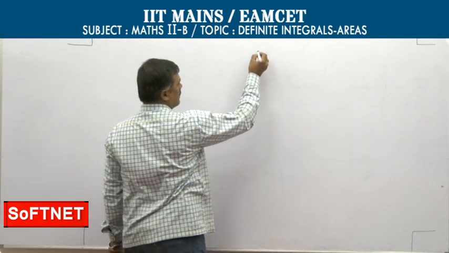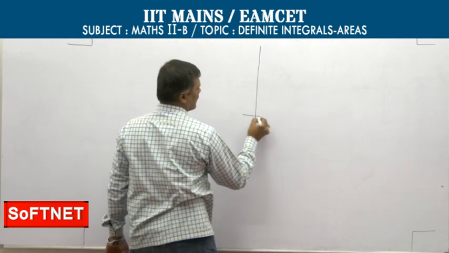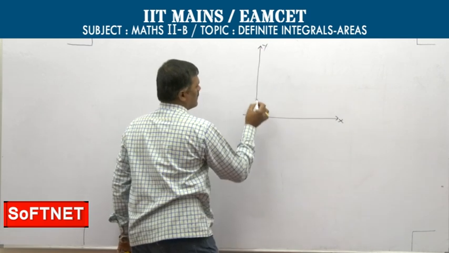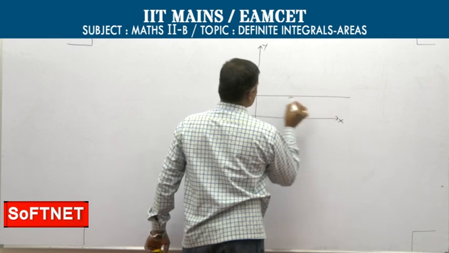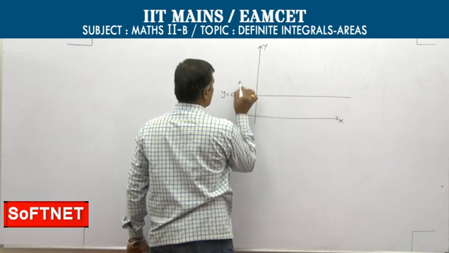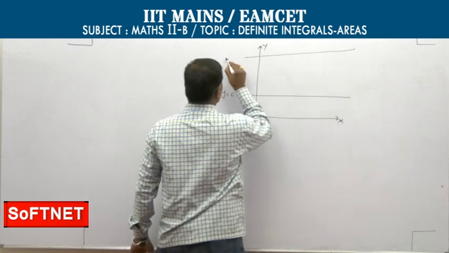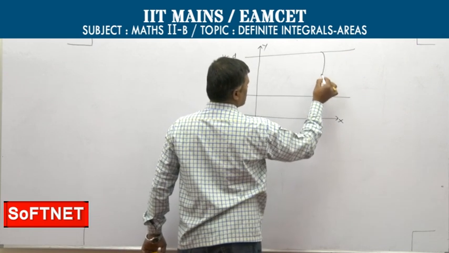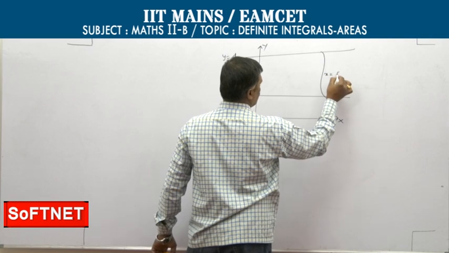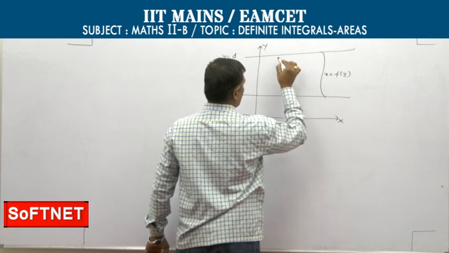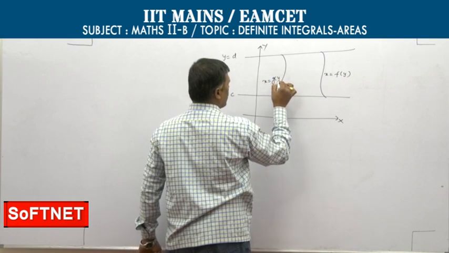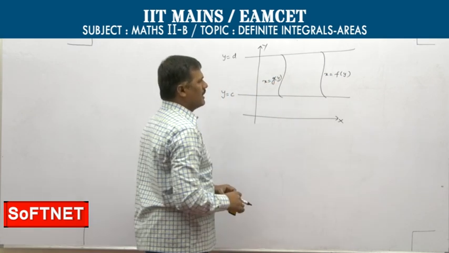Next, if two curves are intersecting, bounded with the y-axis, this is y equal to c and this is y equal to d, and this curve is x equal to f of y, and this curve is x equal to g of y.